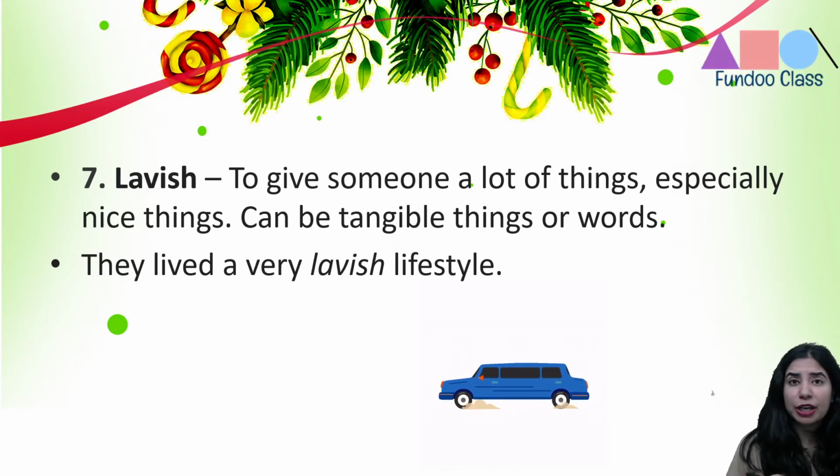And lavish lifestyle may include that they have a house which is very, very beautiful, right? So the articles or the showpieces are curated from top-notch galleries. So that's what we mean, that a person has got a lavish lifestyle, full of indulgence, right? So that's how we use the word.